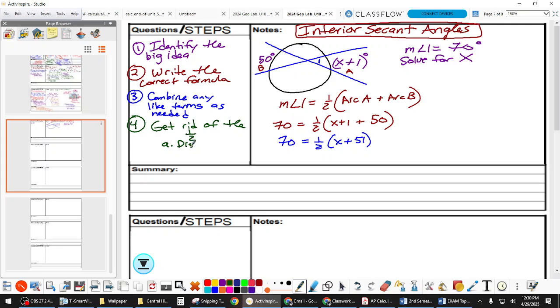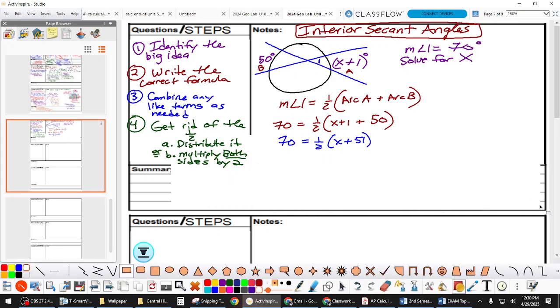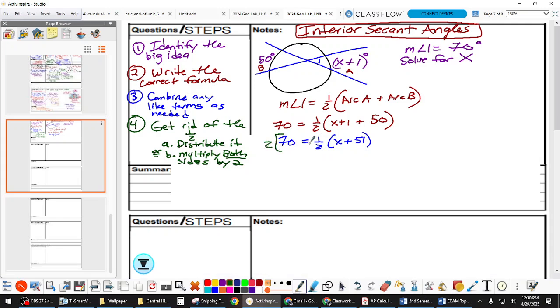You can either distribute or multiply both sides by 2. So we're going to get 140 equals x plus 51.